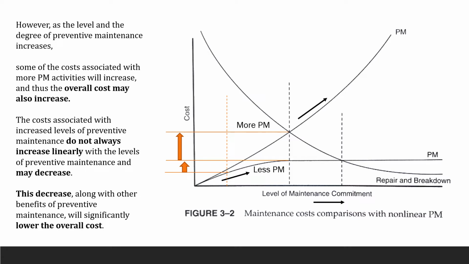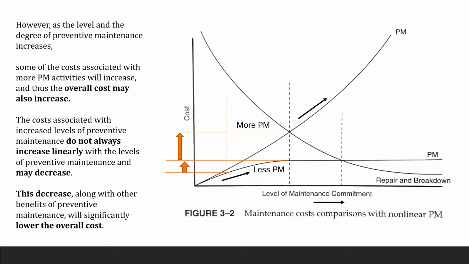Meaning you're doing routine PM, and the repair and breakdown cost will go down. All you have to do is increase the maintenance commitment and use a particular preventive maintenance, because we have many different preventive maintenance types. So don't use this type of PM, use this type of PM, with more commitment, to bring down the cost for repair and breakdown.